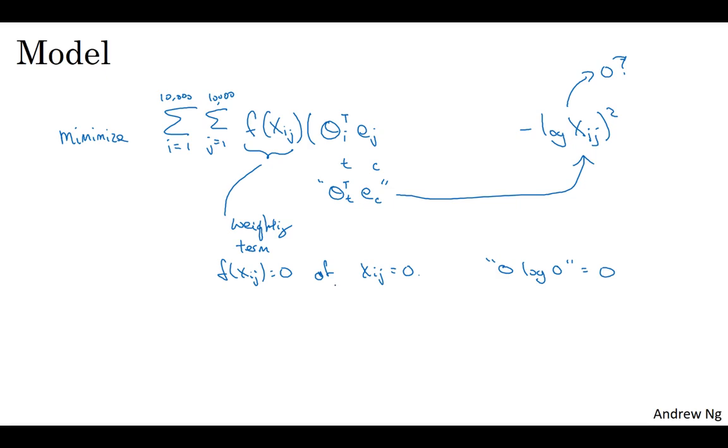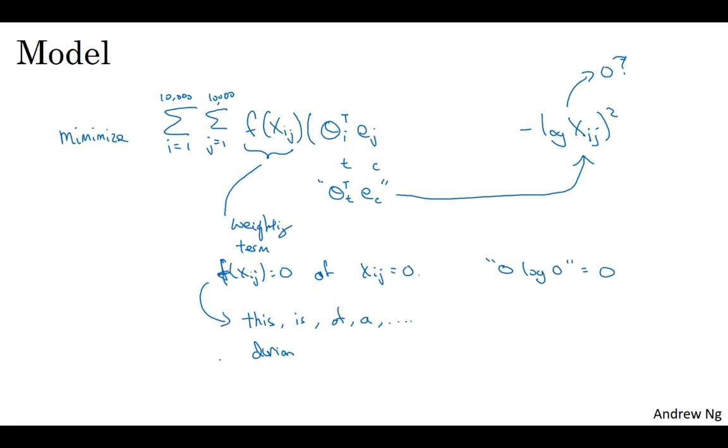The other thing that f of X_ij does is that there are some words that just appear very often in the English language, like this, is, of, a, and so on. Sometimes these are called stop words, but there's really a continuum between frequent and infrequent words. And then there are also some infrequent words like durian, which you actually still want to take into account, but not as frequently as the more common words.